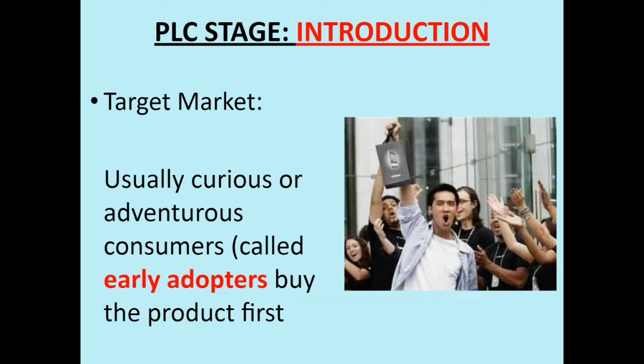This is the one time that your target market is generally going to be a little bit different. Okay, you're trying very specifically to target a select group of people that we call early adopters. These are people with a very specific personality set that makes them very curious and wanting to be those first people to have a product, okay?